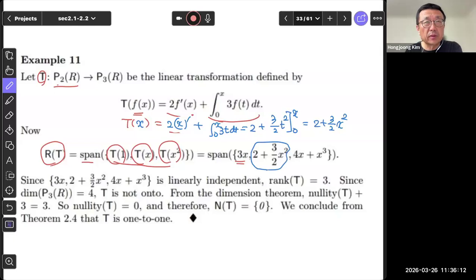And then if you consider x squared, you will get 4x plus x cubed.